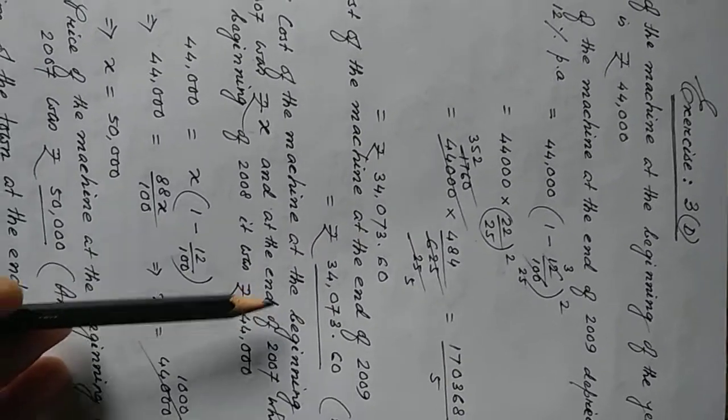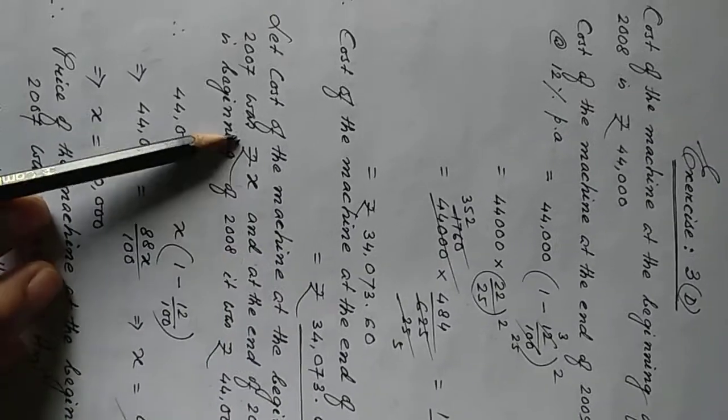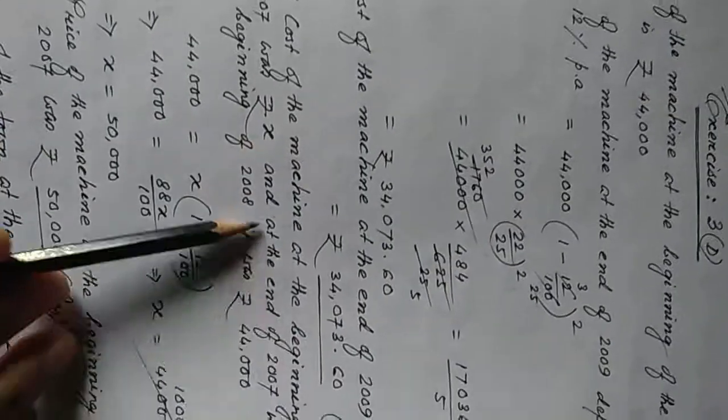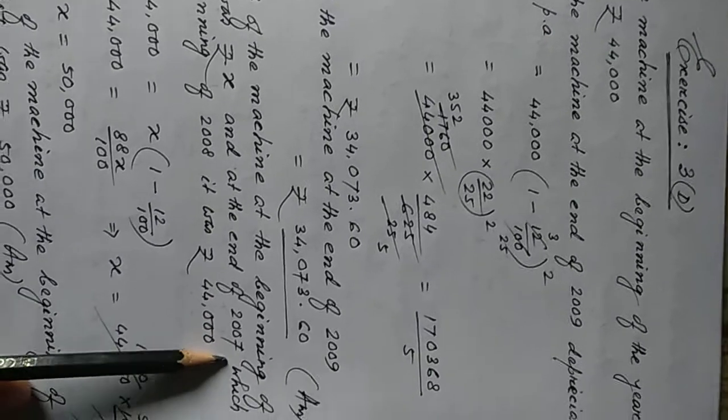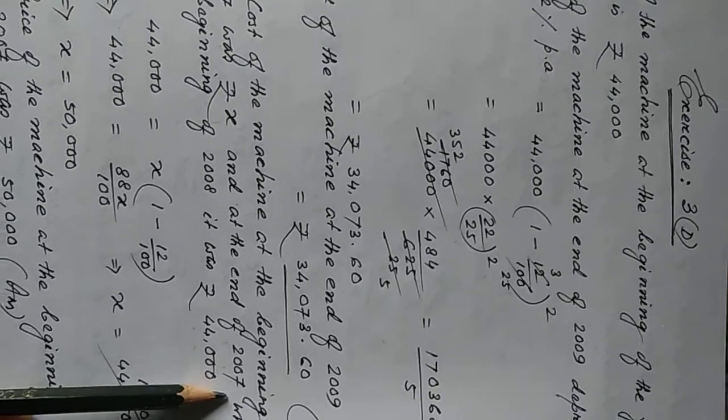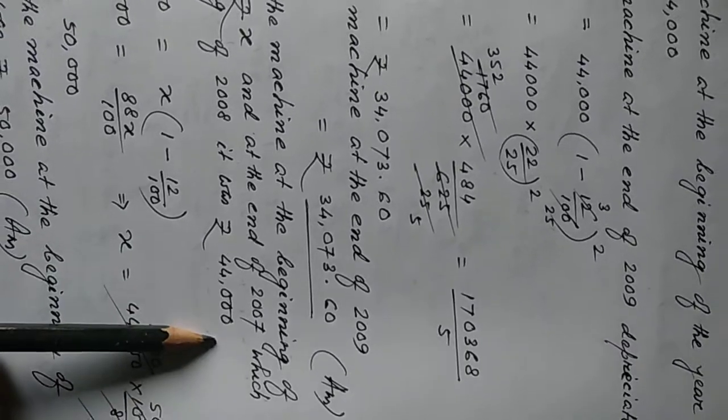So we have to find the price of the machine at the beginning of 2007, but the price of the machine at the end of 2007, which is also we can say the beginning of 2008, is given here 44,000.